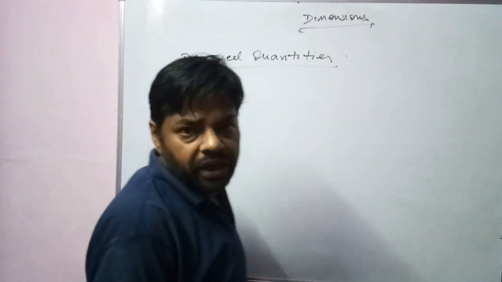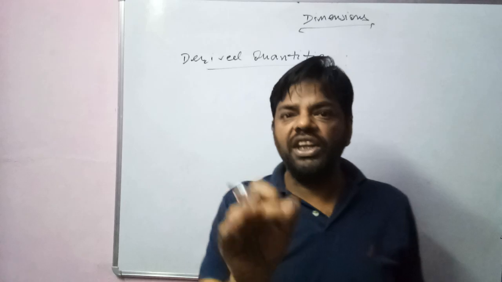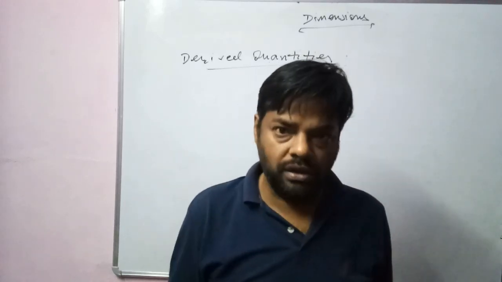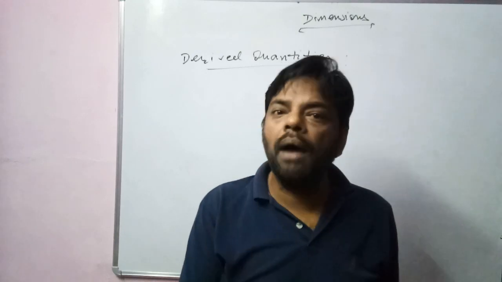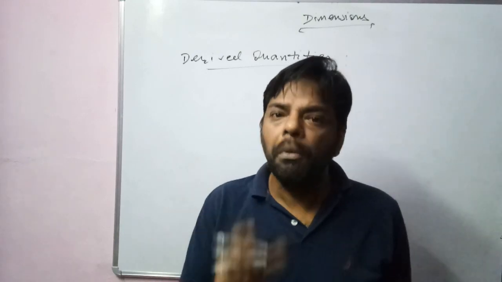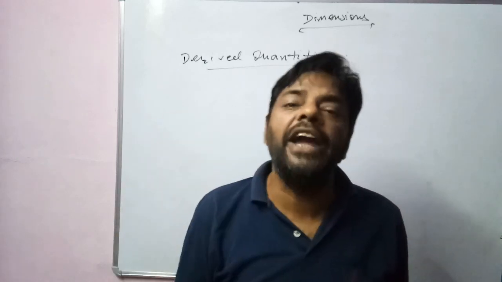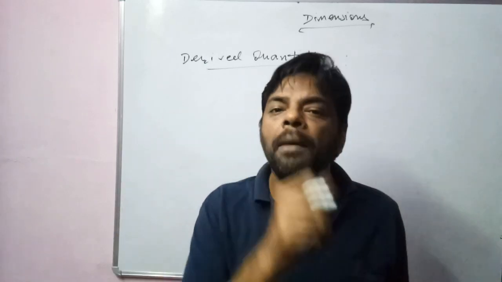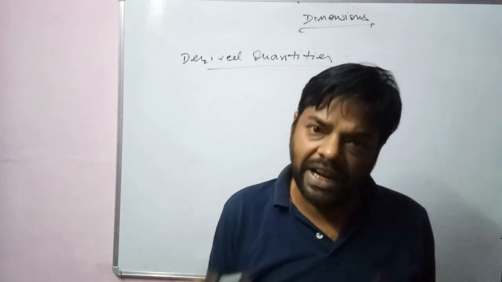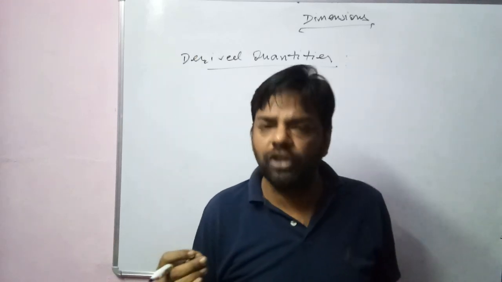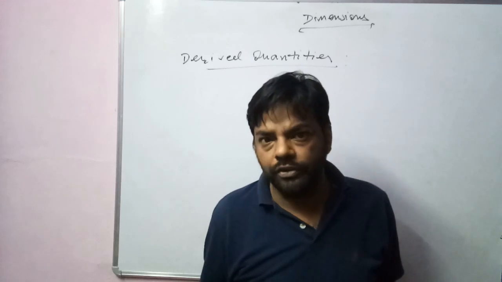What are the derived quantities? These derived quantities, friends, are not the basic physical quantities, but since they can be derived from the fundamental quantities, that's why we call this set of physical quantities the derived quantities.